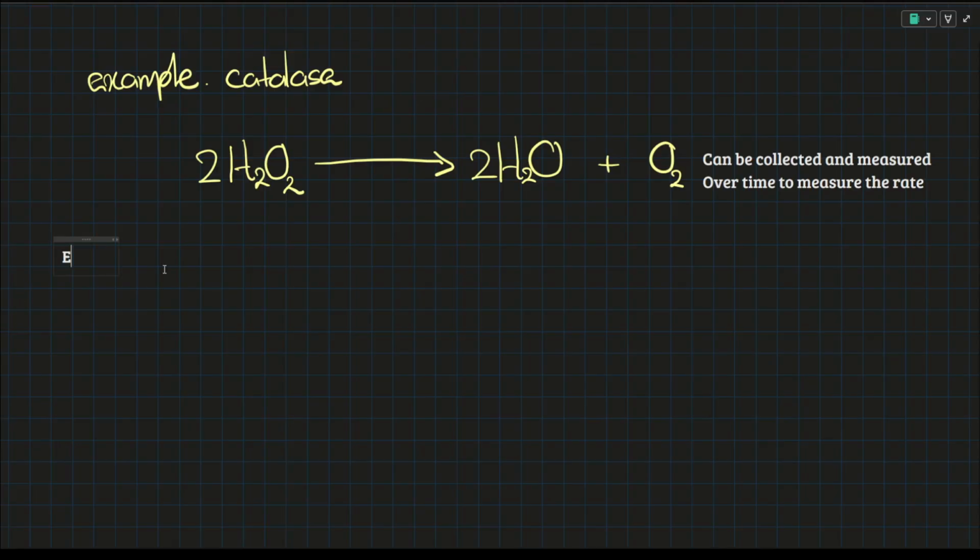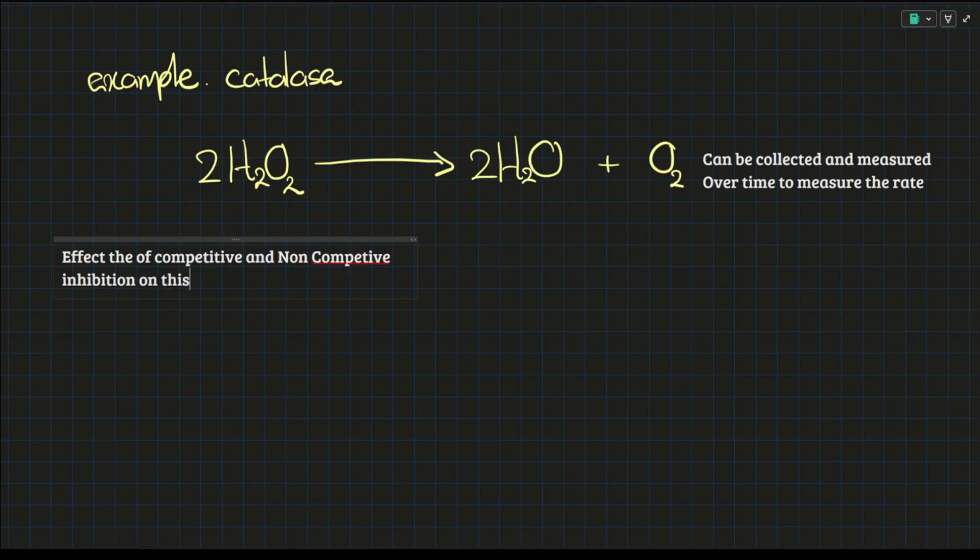On top of that, we will be seeing the effect of competitive and non-competitive inhibition on this reaction with respect to the Vmax and Km.